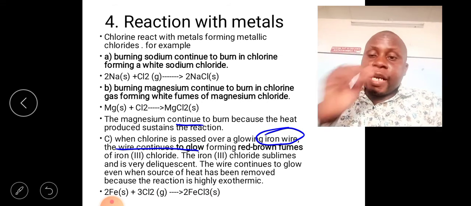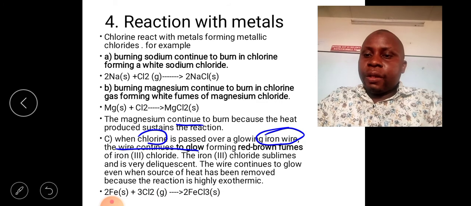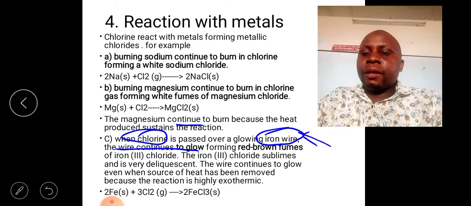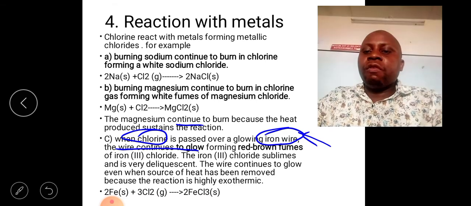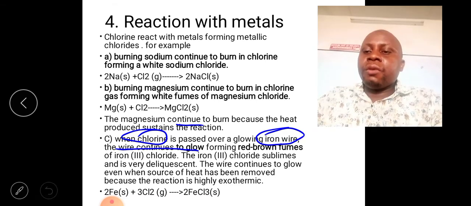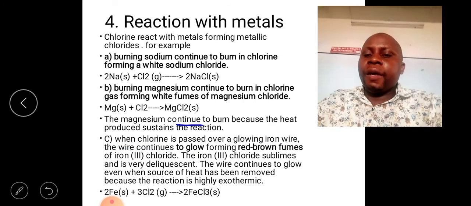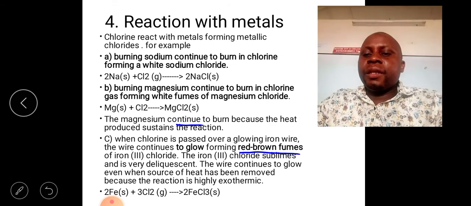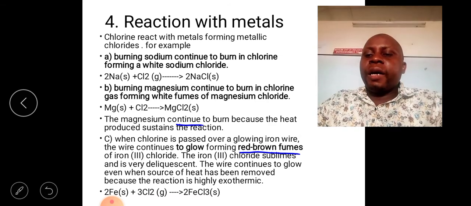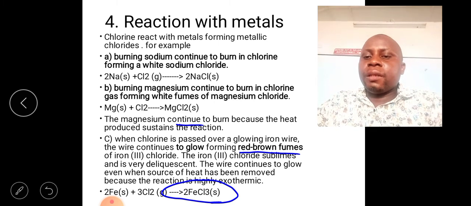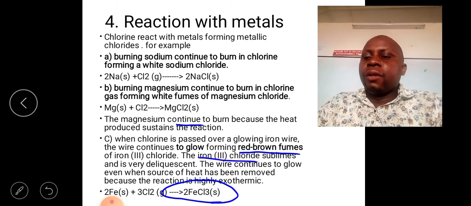This is because the reaction between chlorine and iron is highly exothermic. It produces a lot of heat. That's why it continues to glow. Now it forms red-brown fumes, and these red-brown fumes are actually iron 3 chloride.